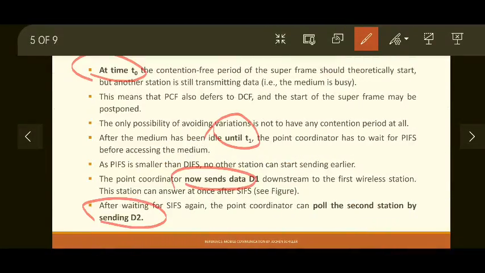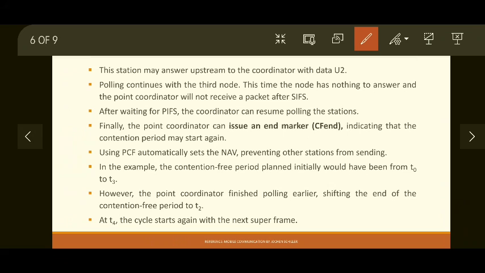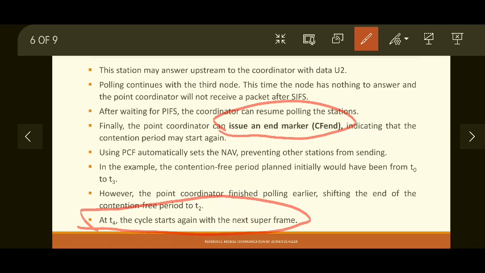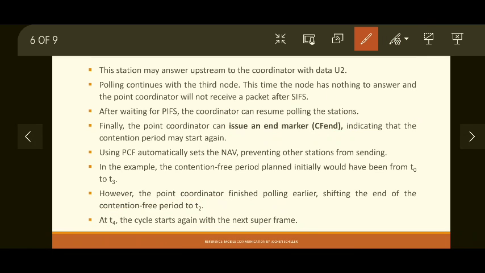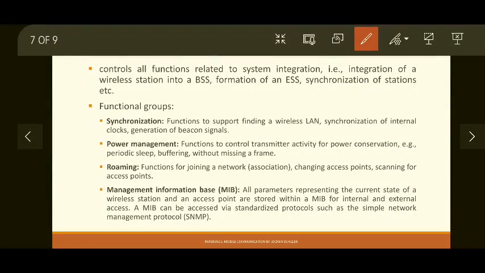You can read these statements at your leisure, and everything that I have said is written in the format of statements here, so nothing different is mentioned over here. So it marks the end, as you can see at T4, the cycle starts again with the next super frame. Okay, CF end is an end marker for a contention free period. Okay, so that is how DFWMAC-PCF works.